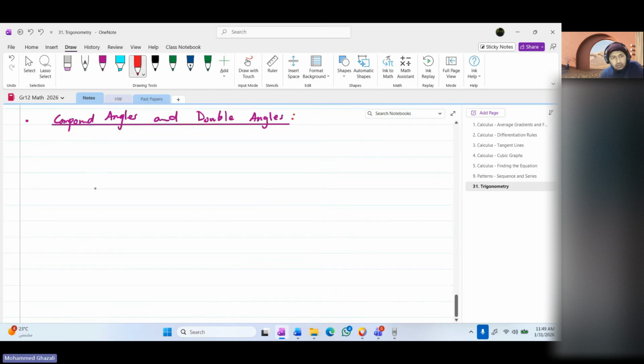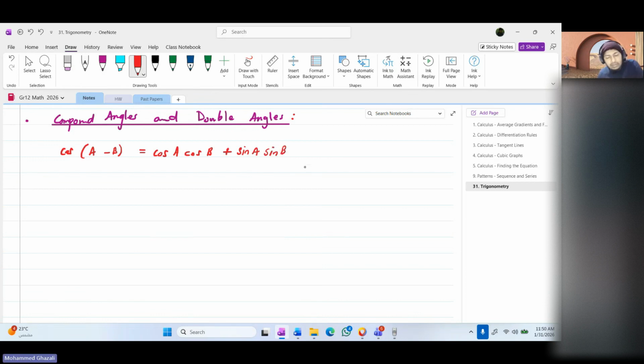Right. So all we know is that cos of A minus B is equal to cos A cos B plus sine A sine B. If you take the difference between two angles, cos A cos B plus sine A sine B. Okay.